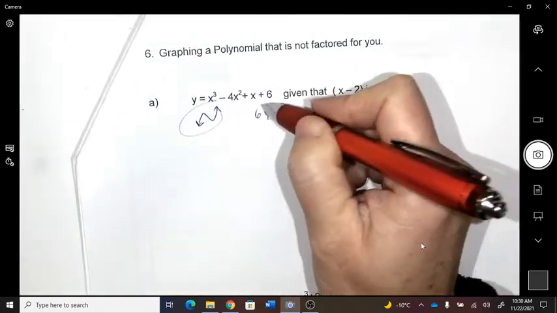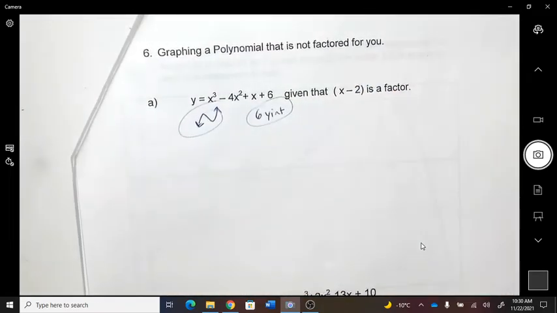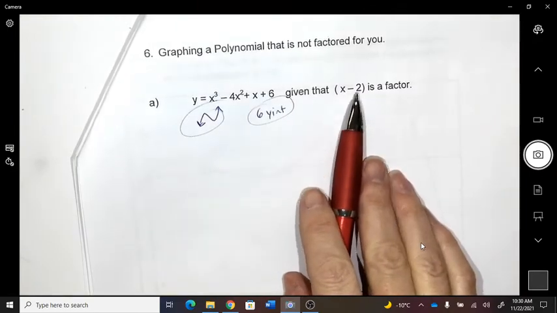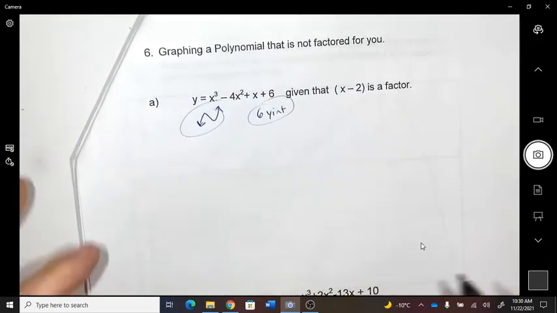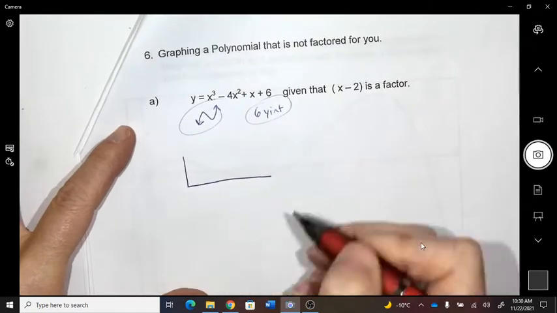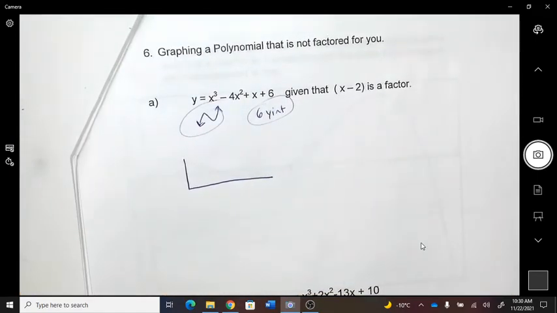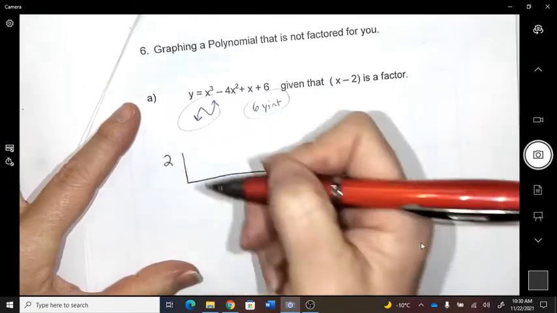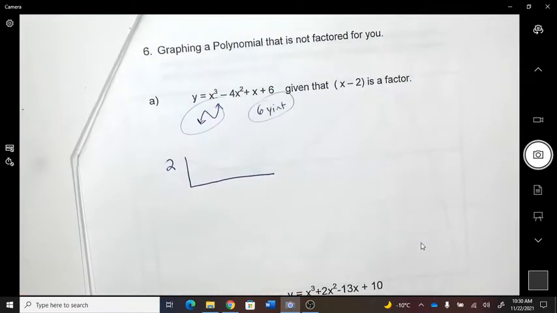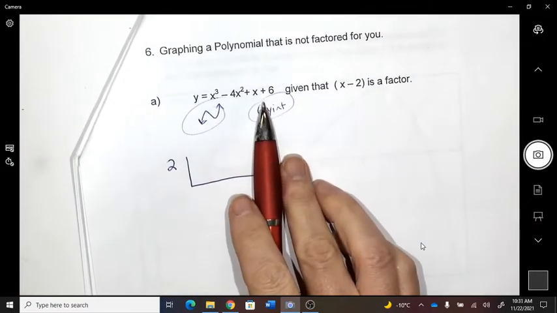I know this right away when I'm looking at it in expanded form. Okay, so I was told that this is a factor already. So I'm going to go into my division and I'm going to put a positive 2. I'm going to look at my polynomial for any gaps.